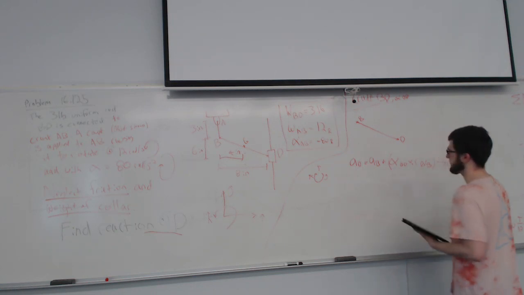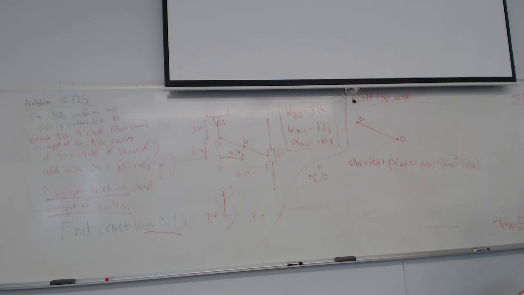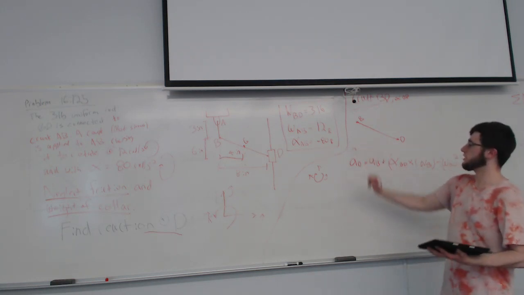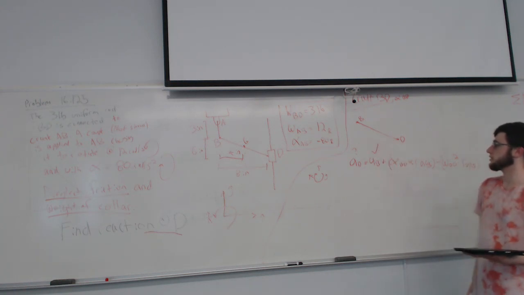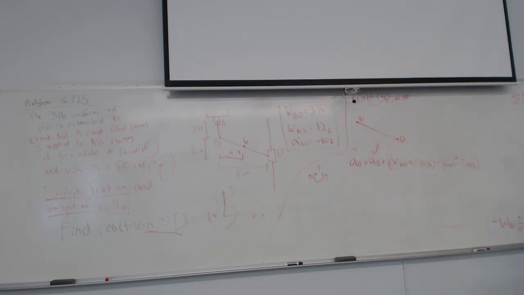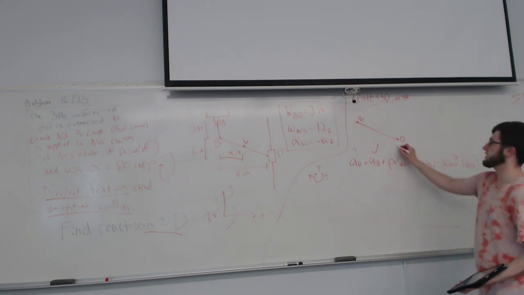All right, so we don't know the acceleration of D. We do know the acceleration of B. We just found that. Alpha BD, that's what I'm trying to solve for in the first place from our major base equation. So it's okay not to know this.